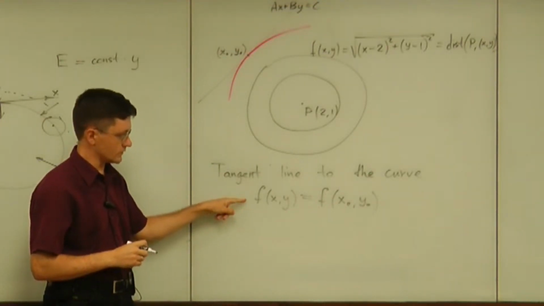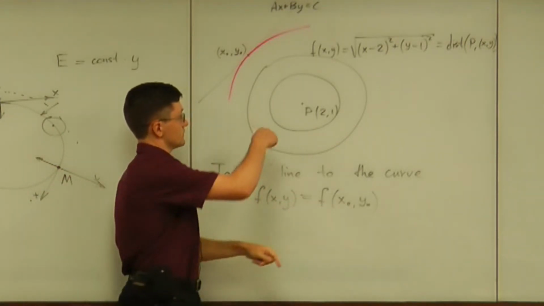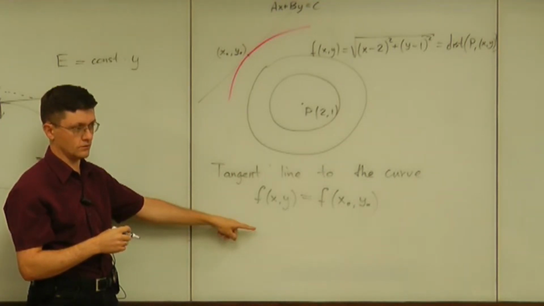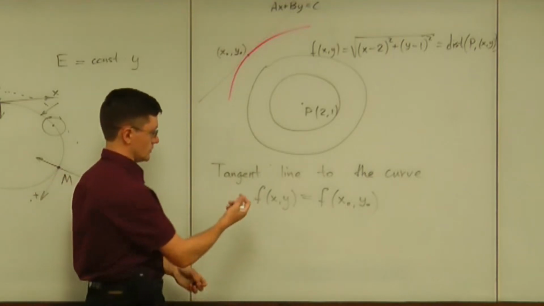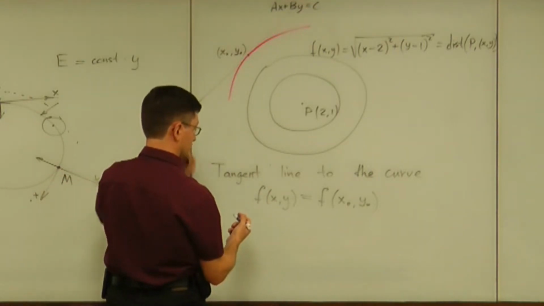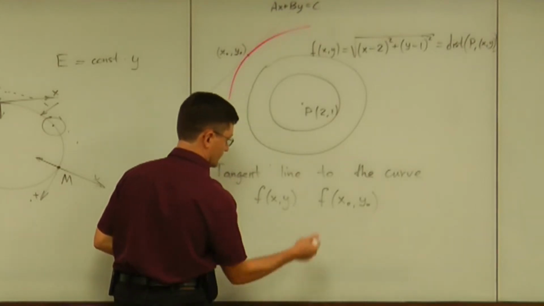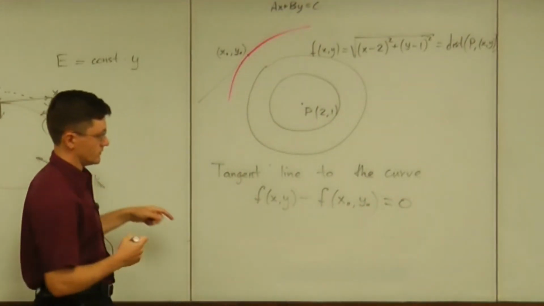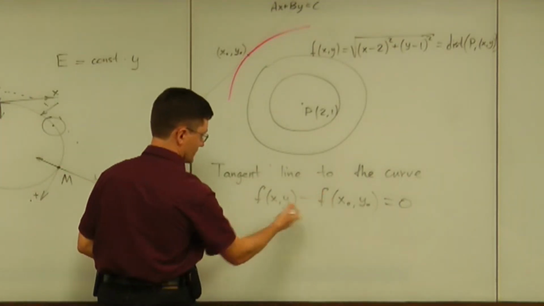But you look at this equation, a function equals constant, it gives you a circle, and then we have to take that equation and linearize it to get a tangent line at that point. How do we linearize? Well, we bring both terms to the left, just to make it something equals 0. And then we what? We differentiate.